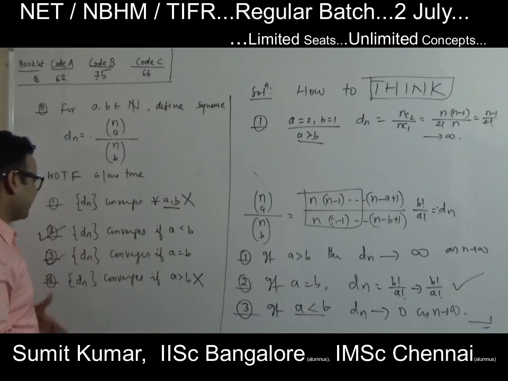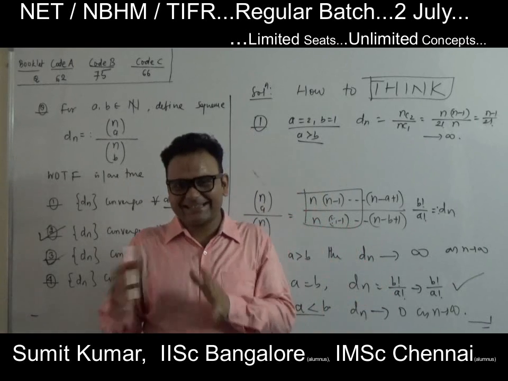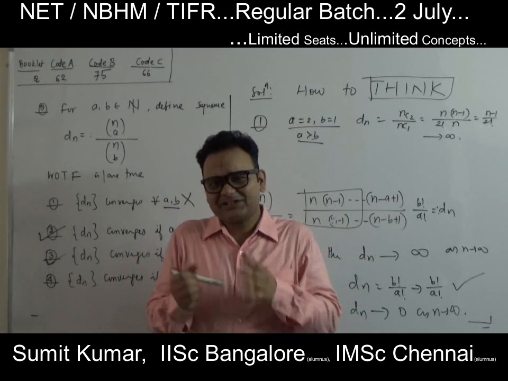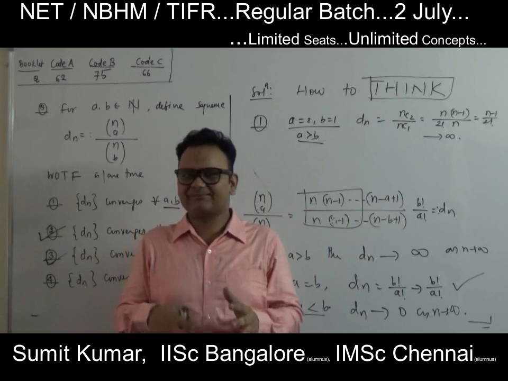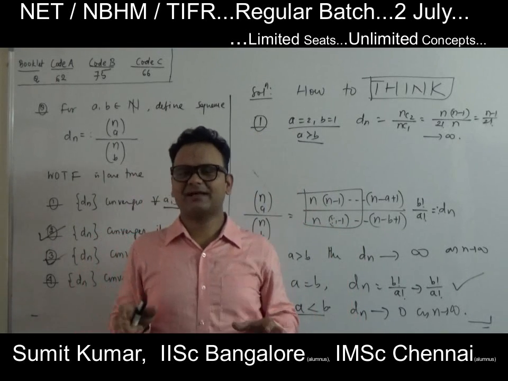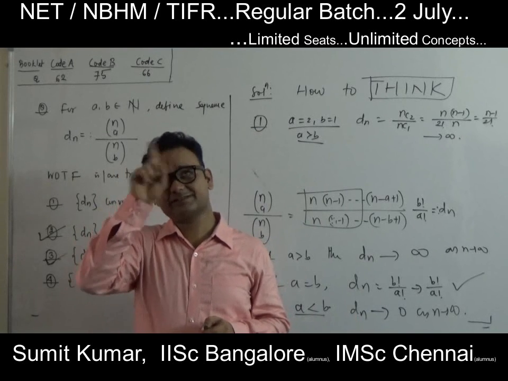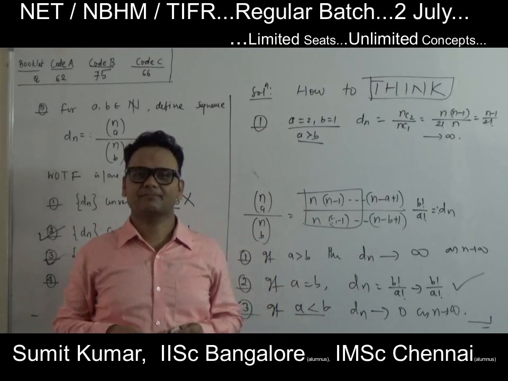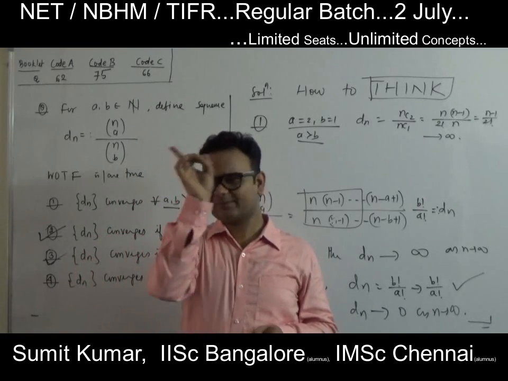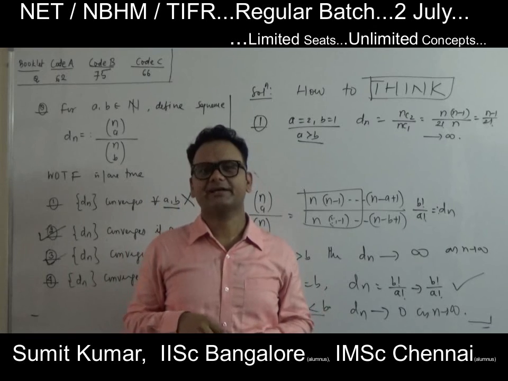Even 3 you can do by example, but 2 needs to be proved. That is what I am saying: your 11-12 mathematics is very important, so try to understand mathematics from the basic level. In the link above I have uploaded some information. If you really want to, think about it.